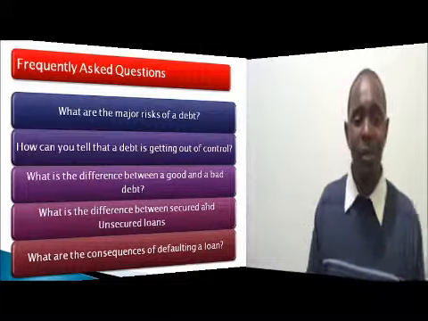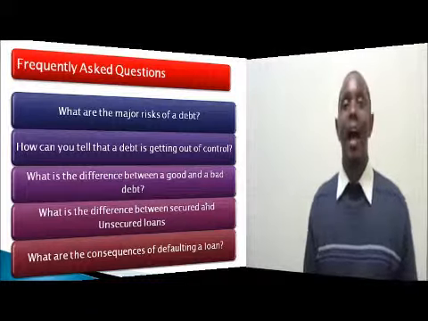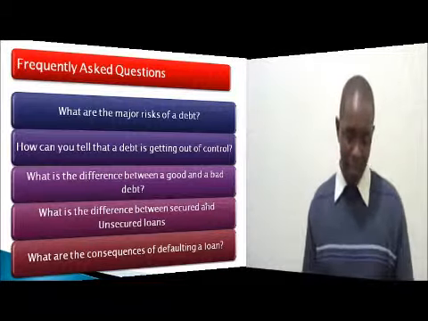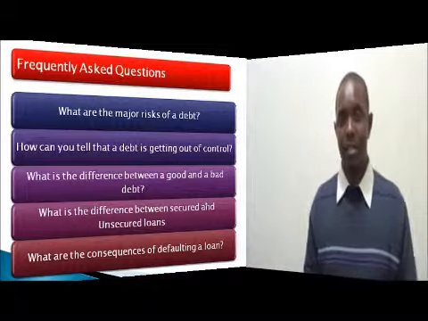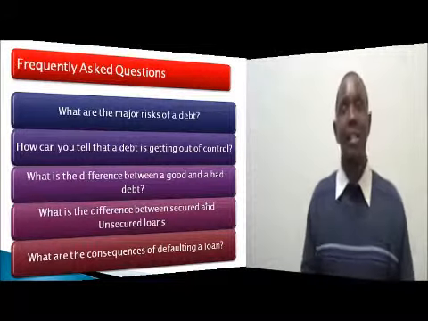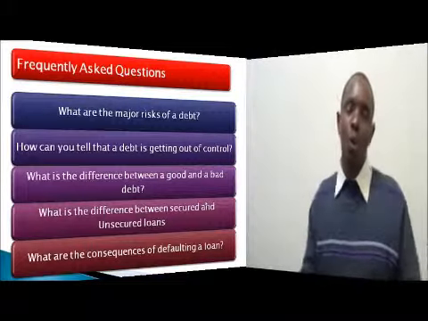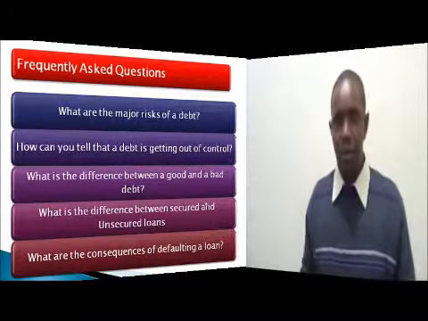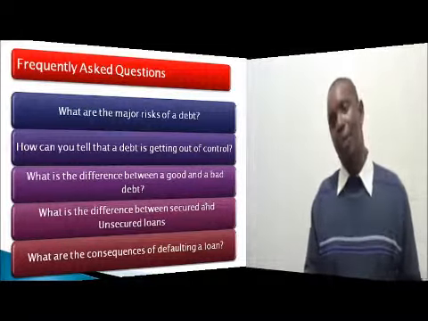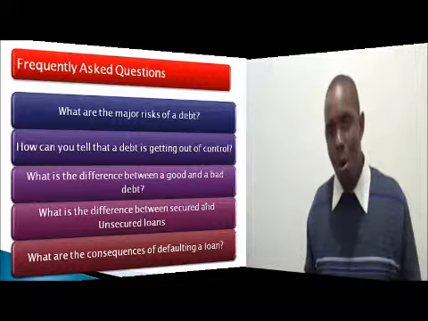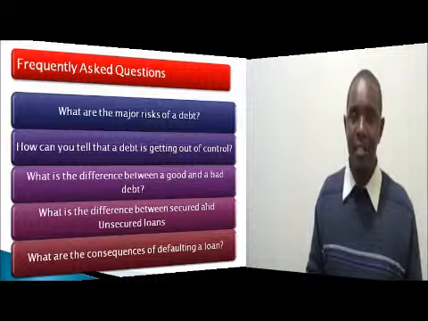What are the consequences of defaulting on a loan? If you take up a loan and you default, if it is secured, then they will repossess the security. If there are guarantors, then the bank will approach the guarantors to make them pay the loan. And you'll be blacklisted, or you'll have a negative score on your credit rating.